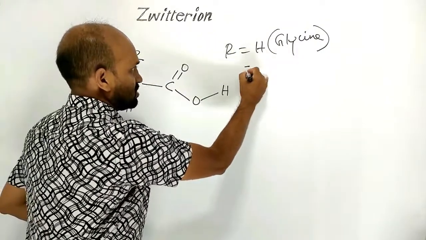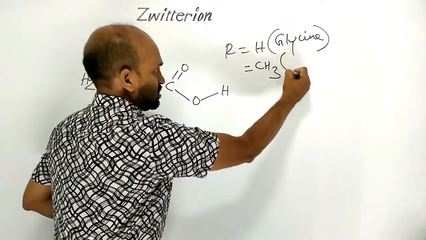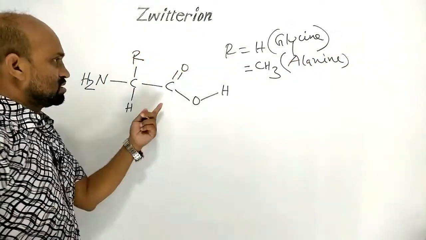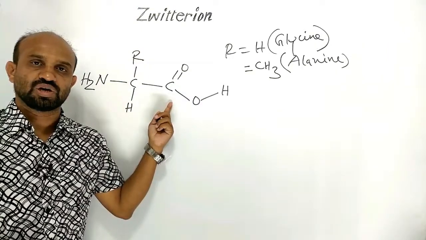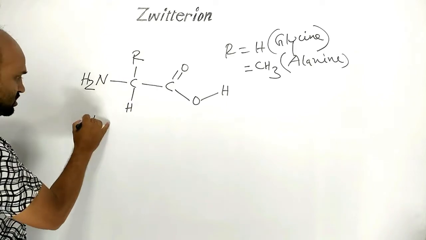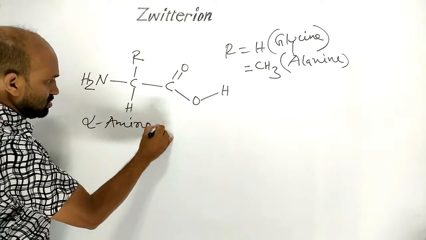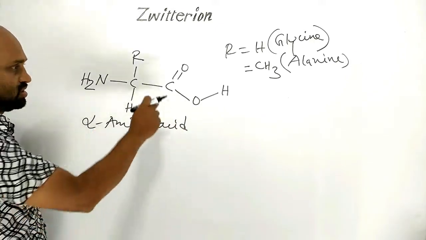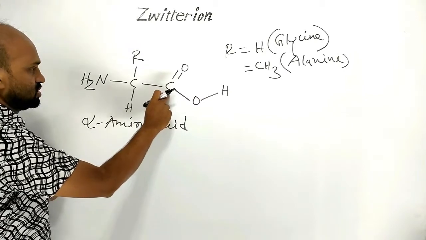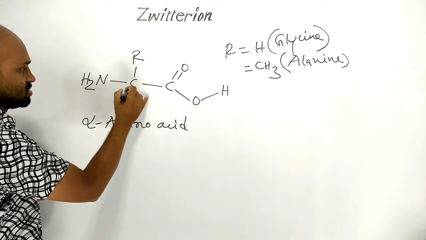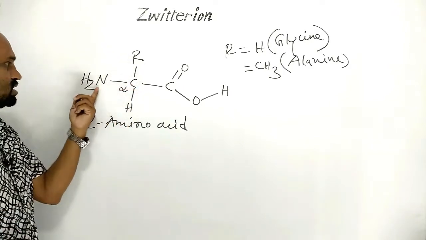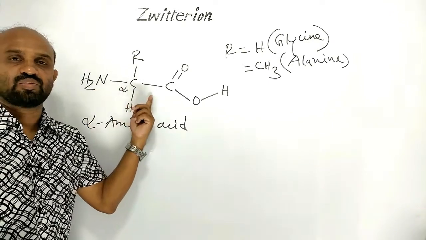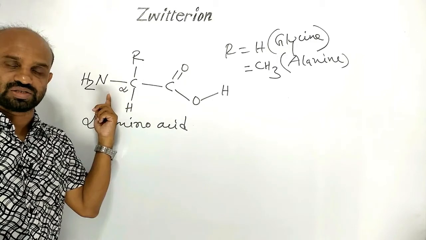And if R is a methyl group, then the compound is alanine. Now let's see the formation of Zwitterion from alpha amino acid. Why alpha? This is the functional group carbon. The adjacent carbon is termed alpha carbon. The amino group is linked with the alpha carbon. That is why this compound is called alpha amino acid.